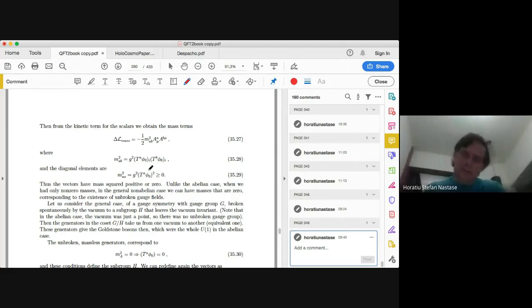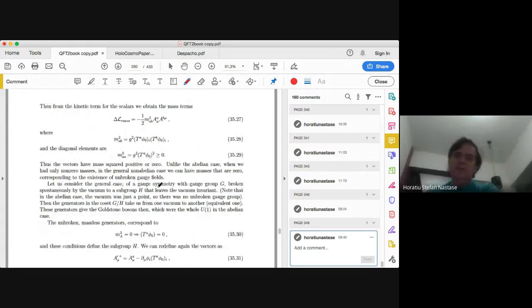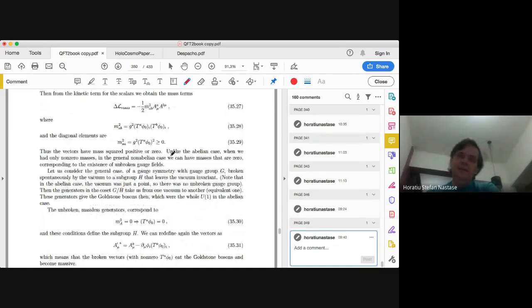And the diagonal elements are for A equal to B. So g squared (T a phi 0) squared, which is positive or 0. That means that the vectors have mass squared that is positive or 0. So that's different than in the Abelian case.